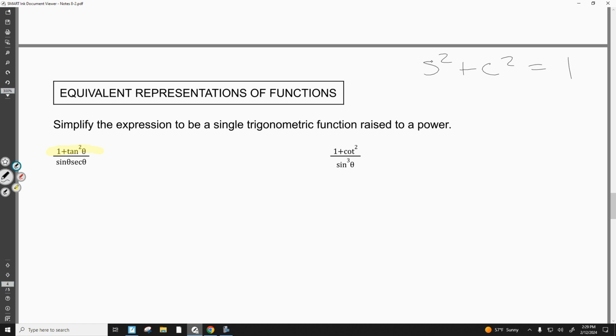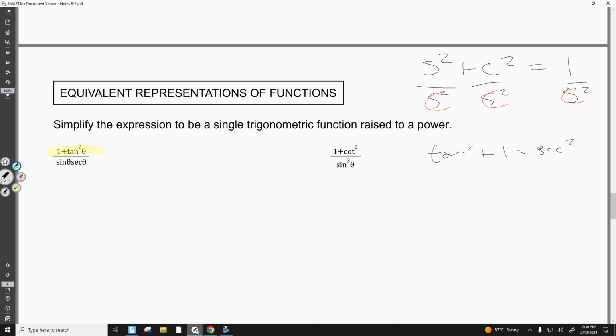Divide by something? If I divide by sine squared, I would end up with cotangent squared, so that's not good. So let's divide by cosine squared. Great. That gives us tangent squared plus 1 equals 1 over cosine squared, which is secant squared.